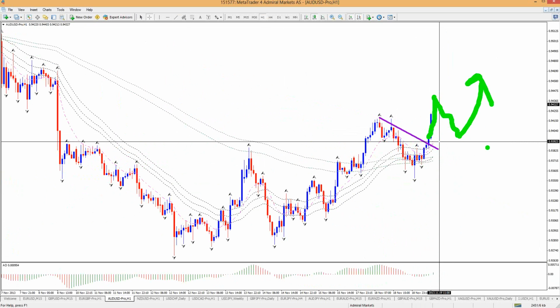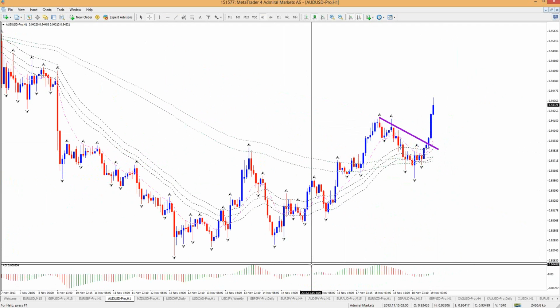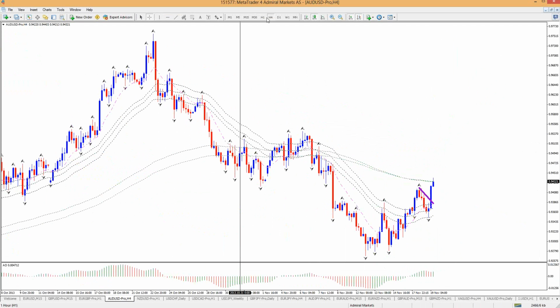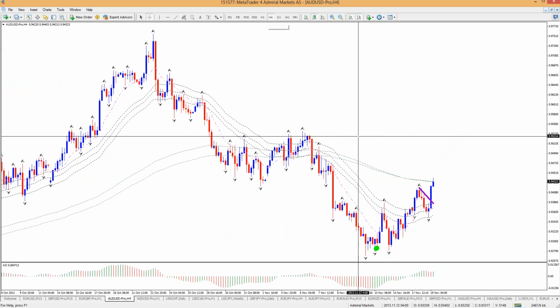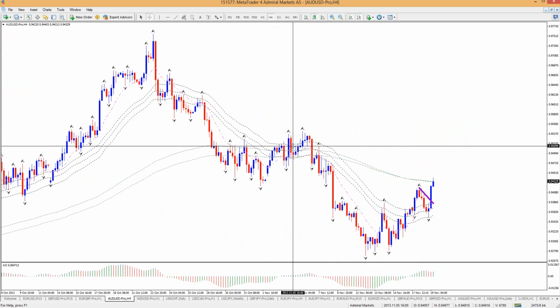I think that's pretty likely. Although from the 4-hour perspective, we have to be careful that this is not a retracement of this downside, of course. That's something to be aware of. Looking very bullish on the lower time frame, but then again, got to be careful of that as well.